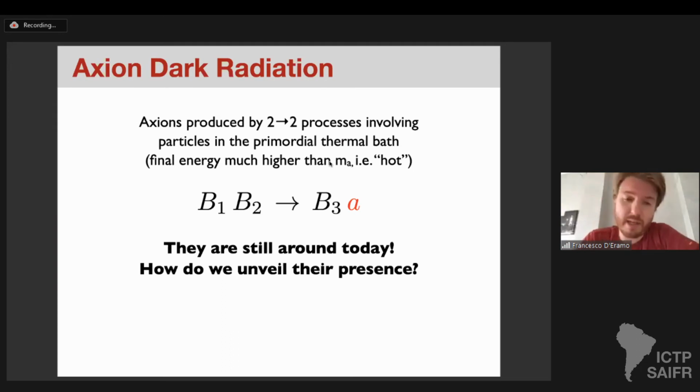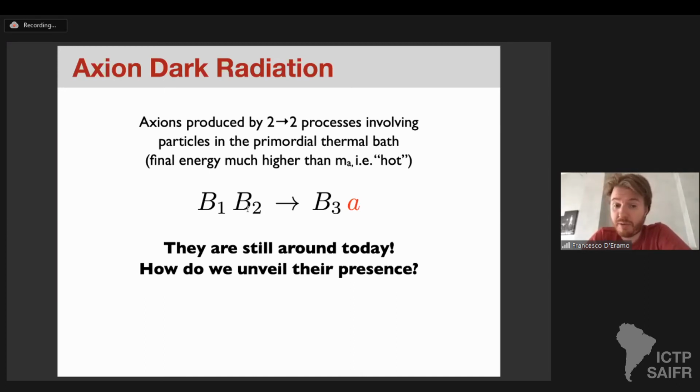But all I care about is that the result of this scattering will contain at least one axion in the final state. If you produce these axions, they are weakly coupled, so they will just free stream until today. They may reach thermal equilibrium in the past, but eventually they will decouple. So they will just free stream until today, and they are very light.